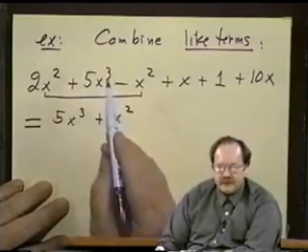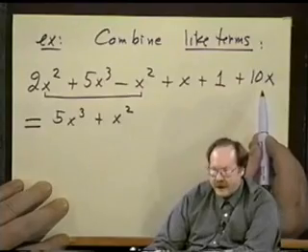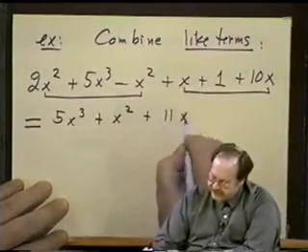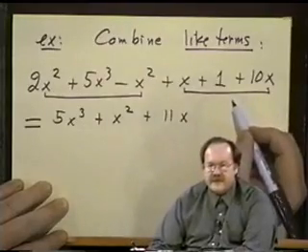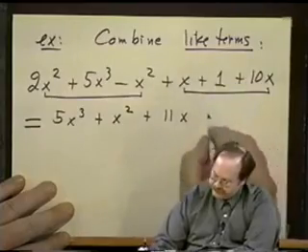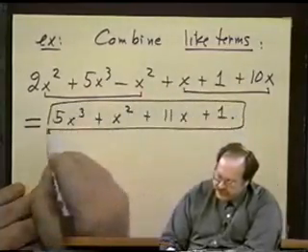Then I move down from 3 to 2 to 1. There's a 1 power. There's another one of 1 power, an x and a 10x. So I can write down 11x. And finally I go down to the 0 power. That is the constants. I see I have 1 constant here, 1. So I have plus 1. Now in this I have combined all of the like terms.